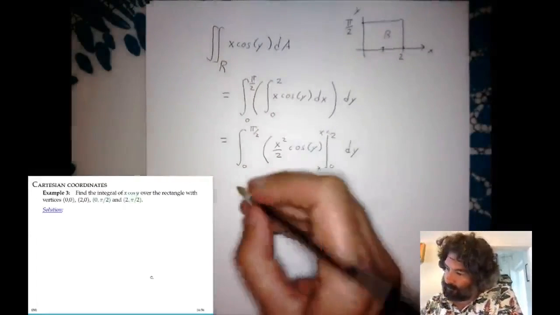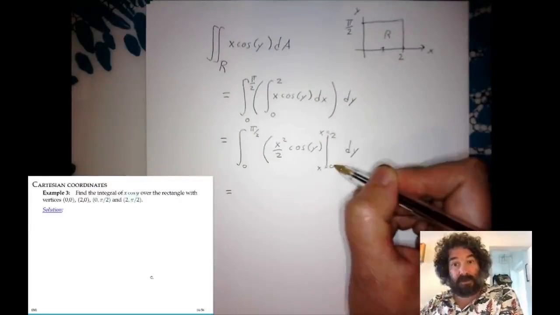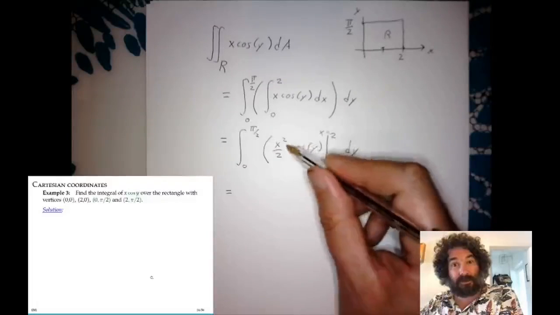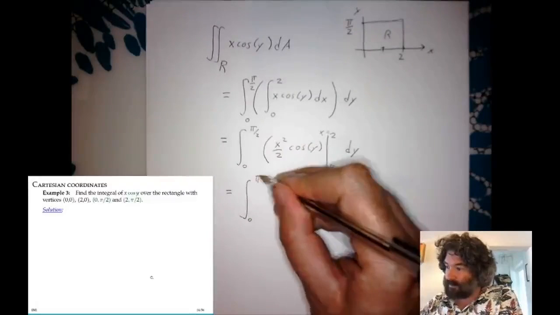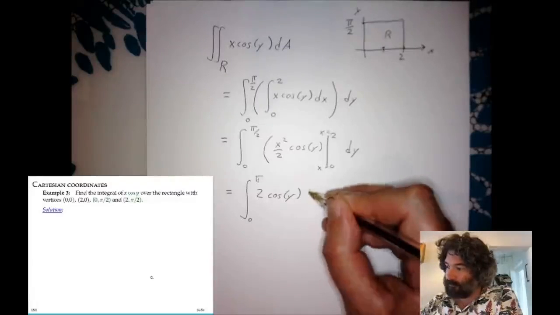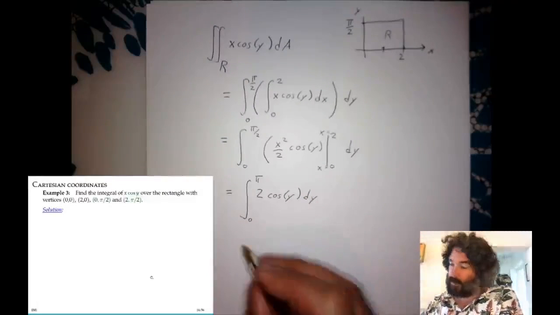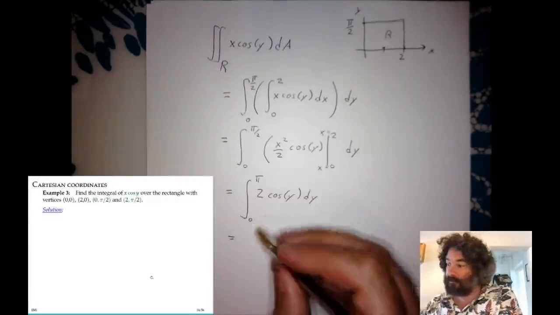Then we put in x equals 2 and x equals 0. When you put in x equals 2, you just get 2 here. So the integral from 0 to pi over 2 of 2 cosine of y. And of course, the antiderivative of cosine is sine.